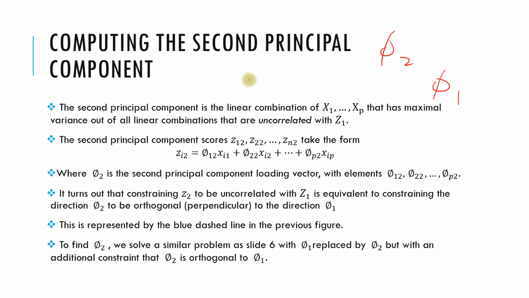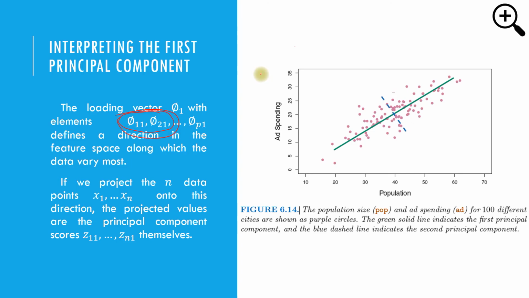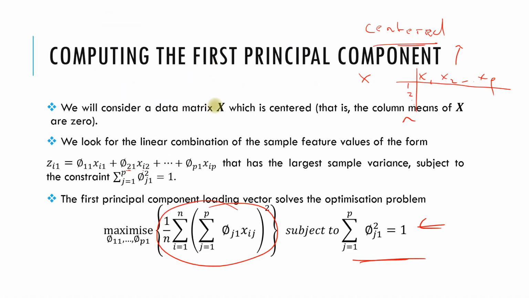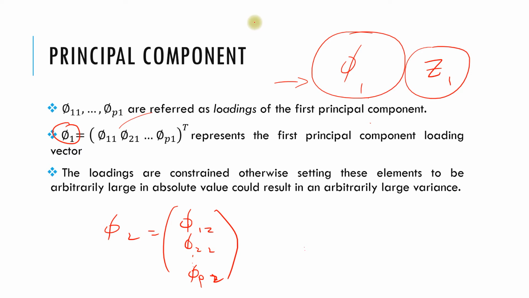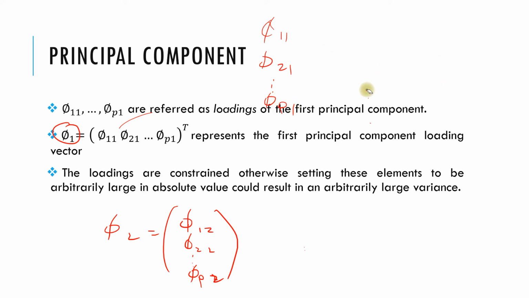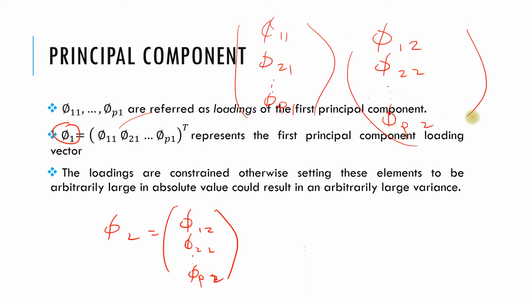When we are referring to phi 2 and phi 1, just remember what phi 1 represents: phi 1 1, phi 2 1 up to phi p1. Phi 2 represents phi 1 2, phi 2 2 up to phi p2. That is going to be our phi 2.